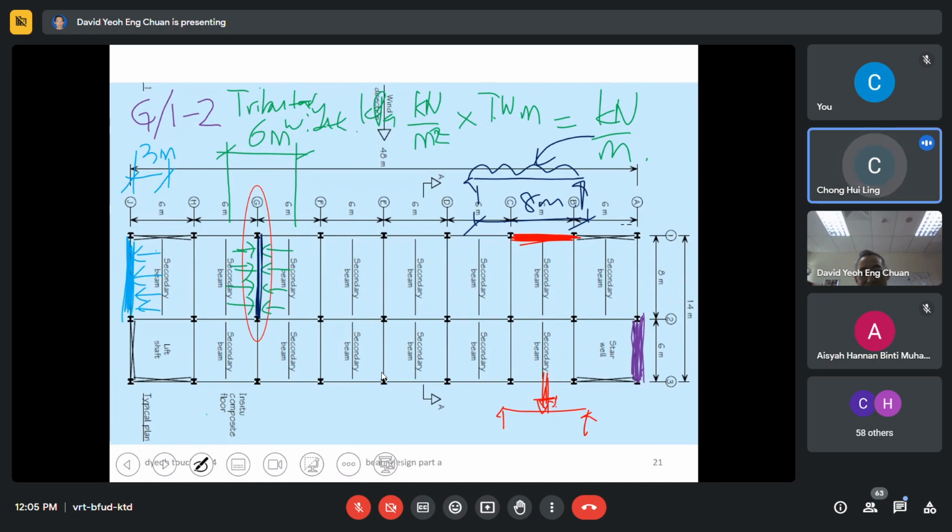Because it's for the staircase. Okay, what makes a particular beam restrained? What makes it restrained?